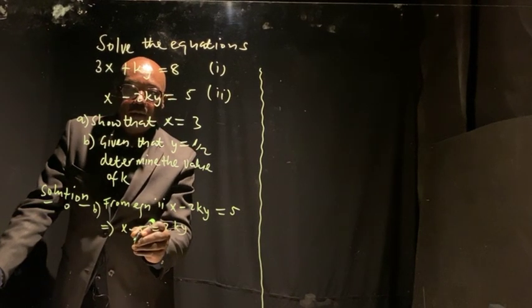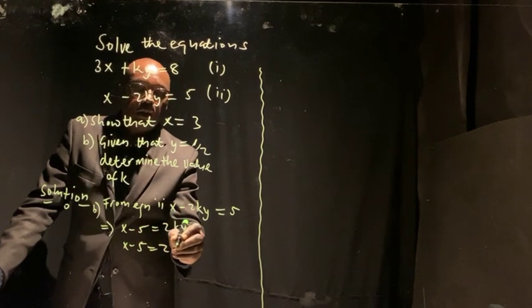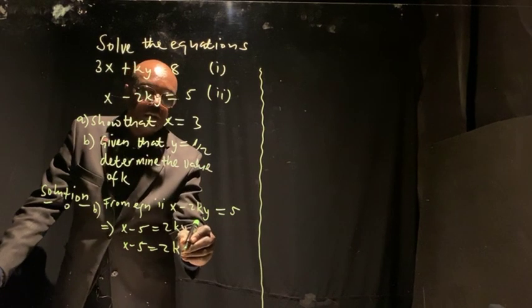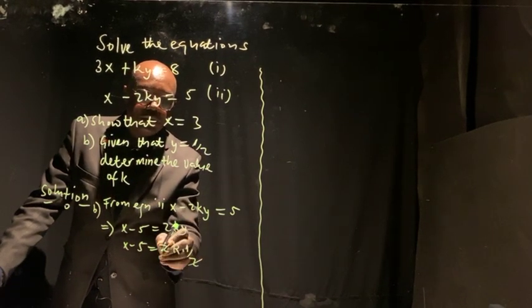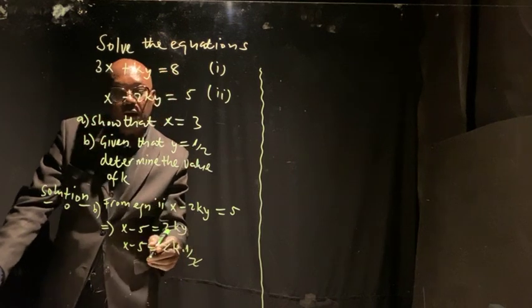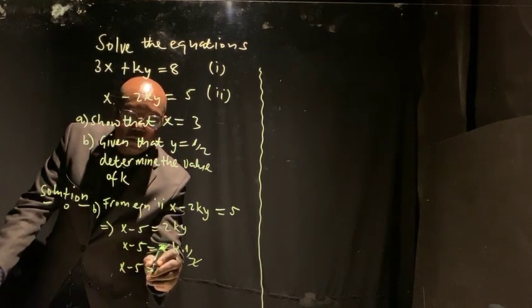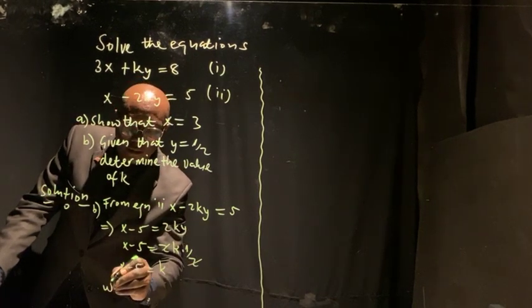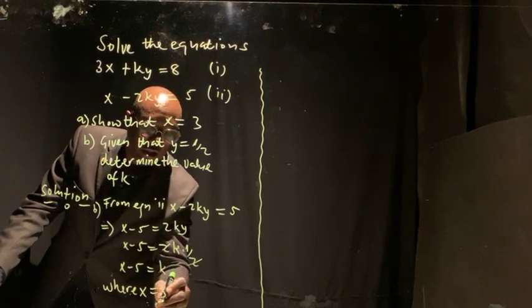Then we have x minus 5 equals 2k times y. What is y? We are told that y equals half. So this one will cancel this one. Then we have x minus 5 equals k, where x we already know to be 3.